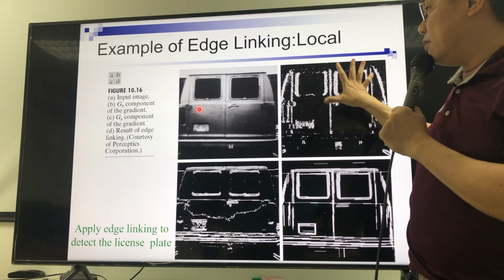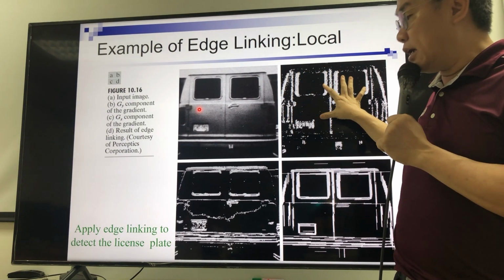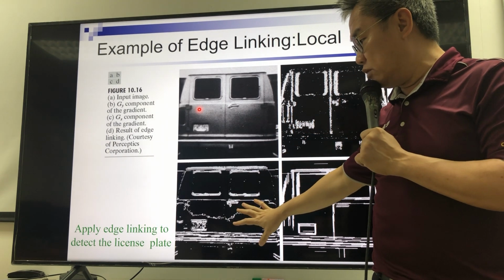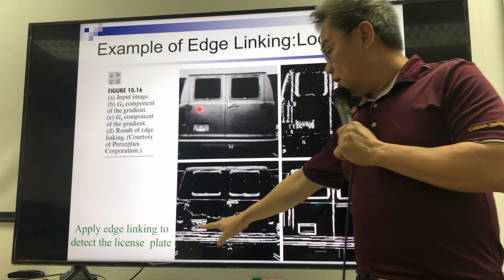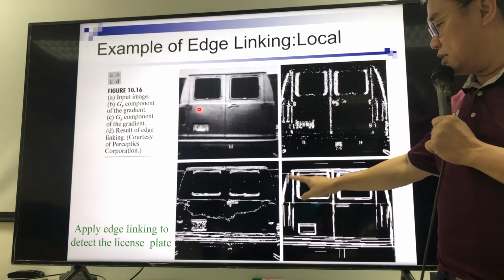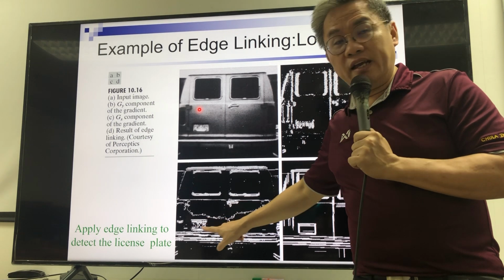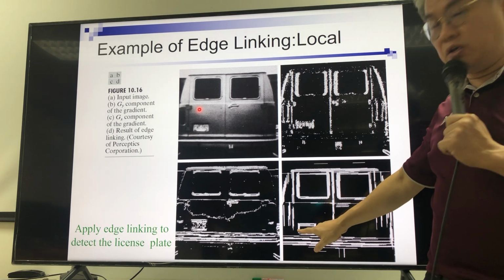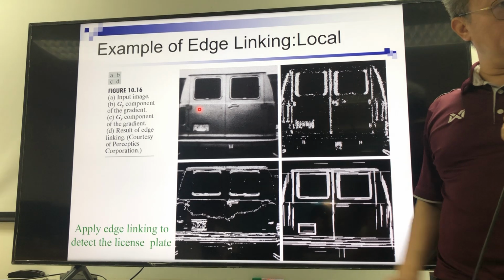If you just use gradient in x plus gradient in y, you'll see all these lines as well. If you use local edge linking, this is what you're going to see: a cleaner result, particularly at the license plate. Due to the different angles, it would not appear; it only appears as the horizontal line and the vertical line.